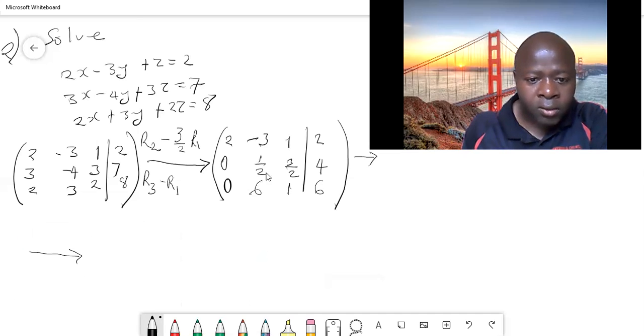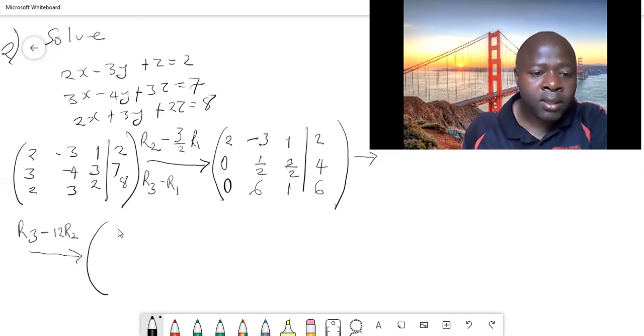For us to create a 0 in this position, we want to have a 6 in this position and subtract from this. So how do we get a 6 here? By multiplying this row by 12. So we should have 12 times row 2 subtracted from row 3.